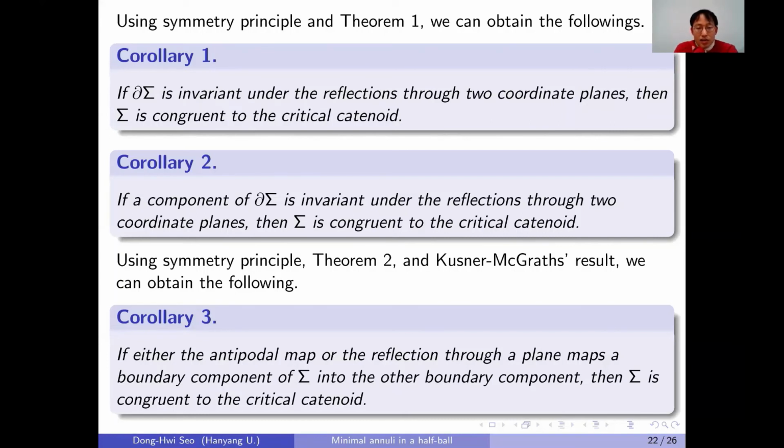Also, by using the half-ball theorem and the Koester-Maclaurin result, we can obtain that if either the antipodal map or the reflection through a plane maps a boundary component into the other boundary component, then the surface should be congruent to the critical catenoid.